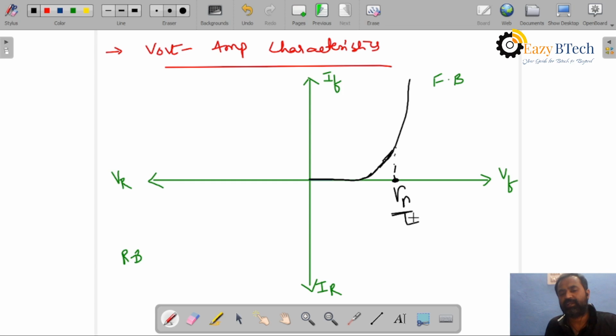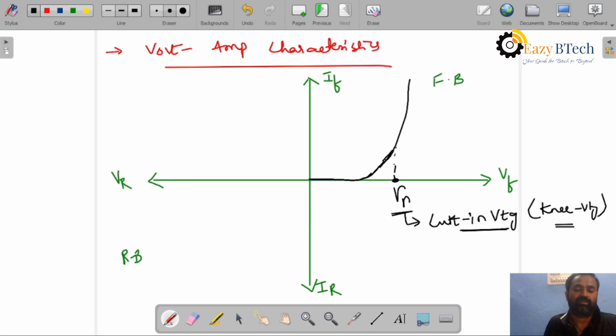We will call this a cut-in voltage or knee voltage. Next, this voltage is known as breakdown voltage or VZ.